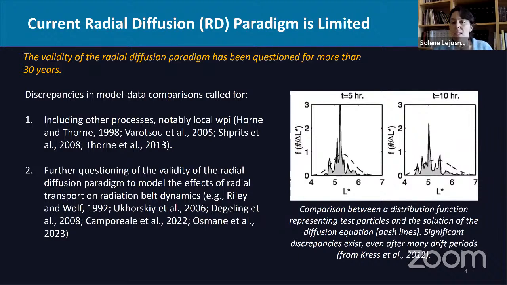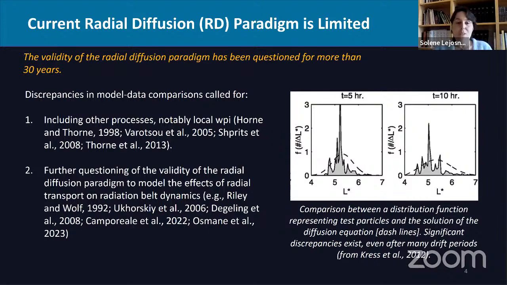And on the right, you have an example of comparison between results from test particle simulation and the solution of the radial diffusion equation. And you see some significant discrepancies. So this current paradigm for the transport is limited.